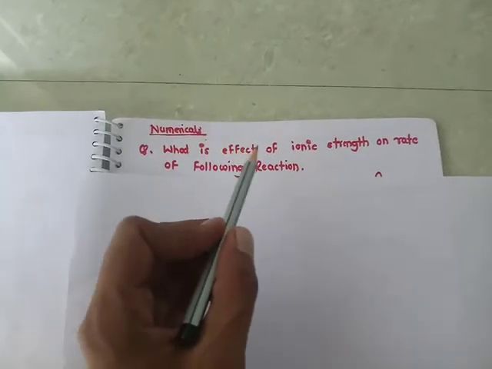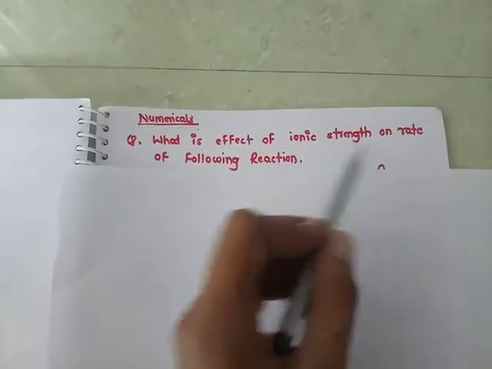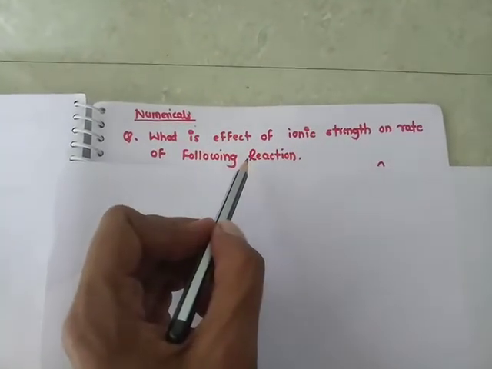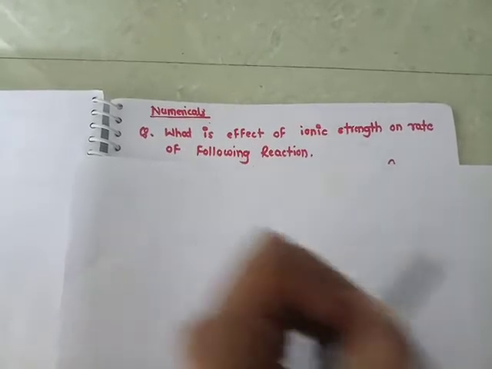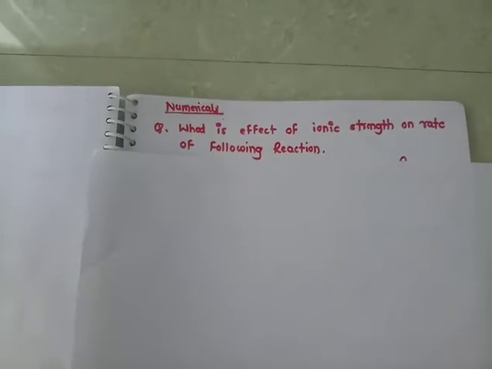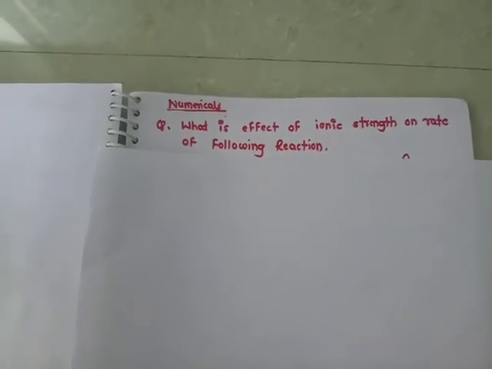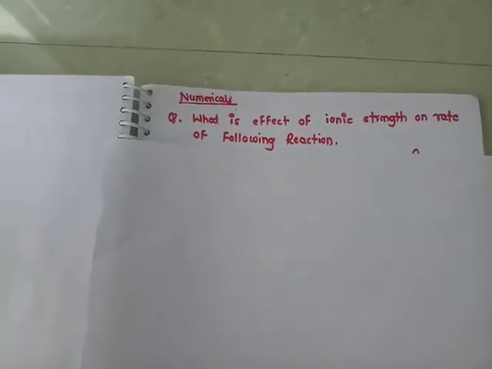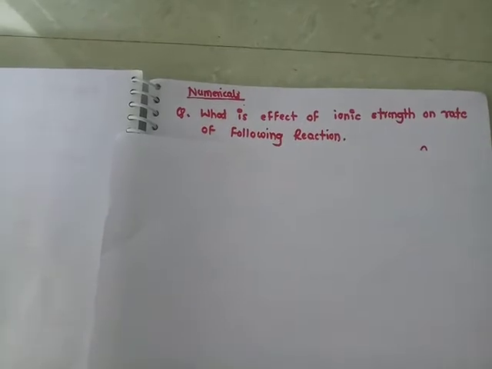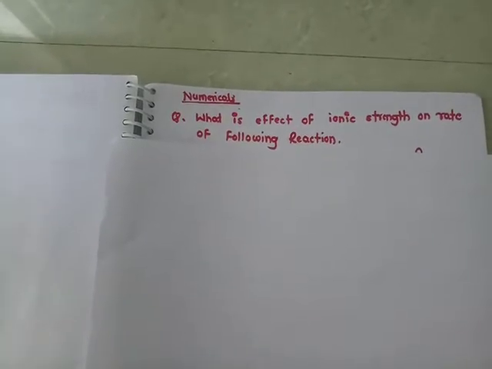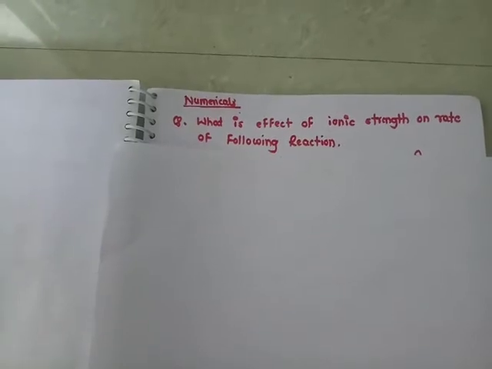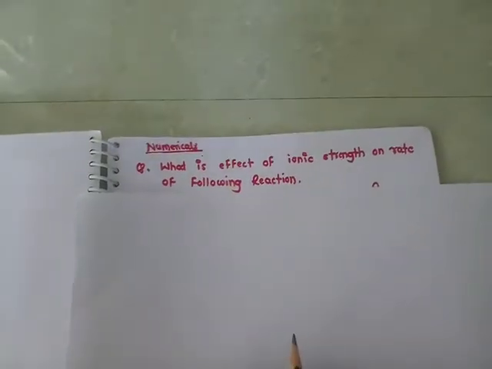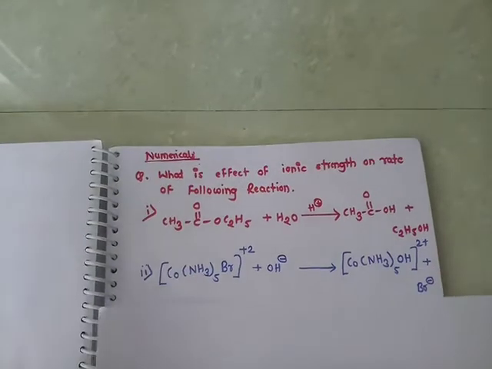What is the effect of ionic strength on the rate of the following reaction? We have to check whether rate of the reaction increases, decreases or is unaffected with respect to the value of the ionic strength. We are given three reactions.